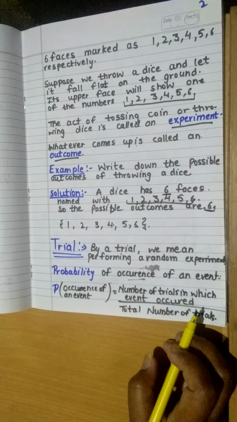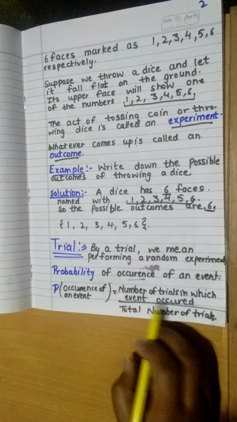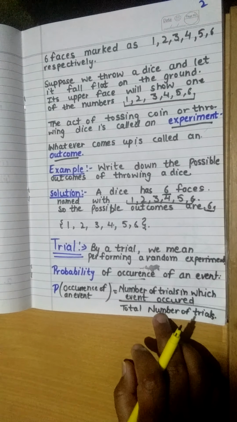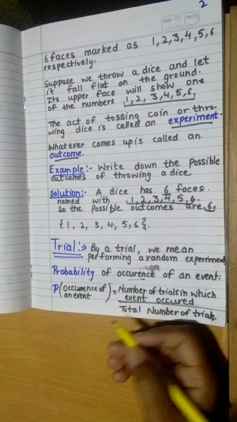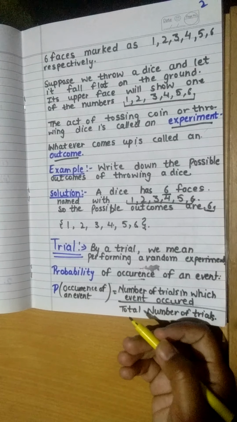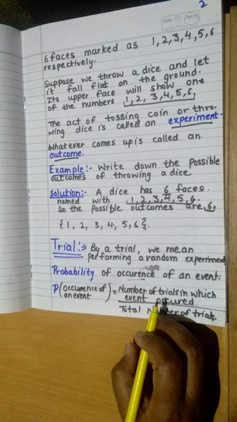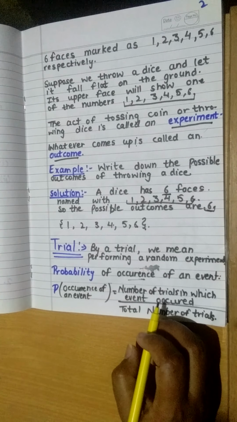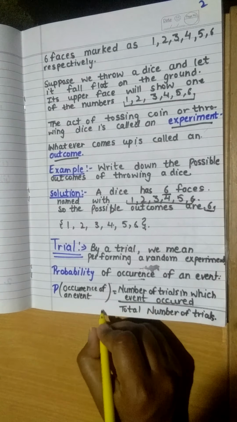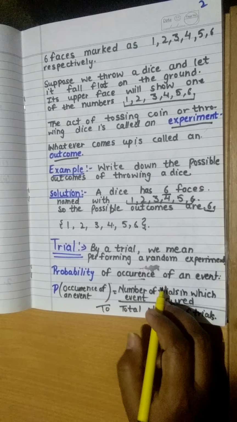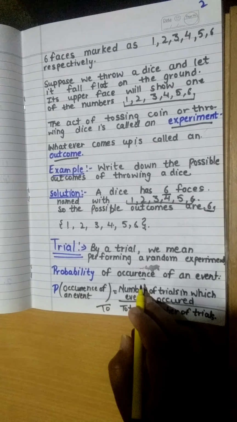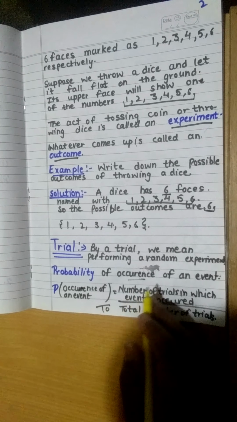If you are throwing a dice, then the total number of trials is how many times you are trying to throw the die. Suppose you are throwing a die 10 times, so the total number of trials is 10, and you want to find the number 1 on the upper face.